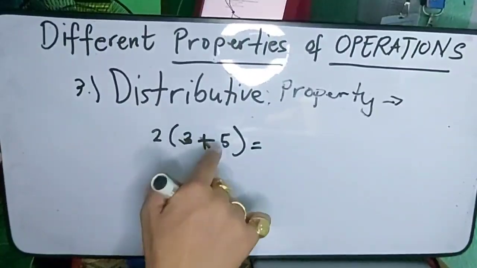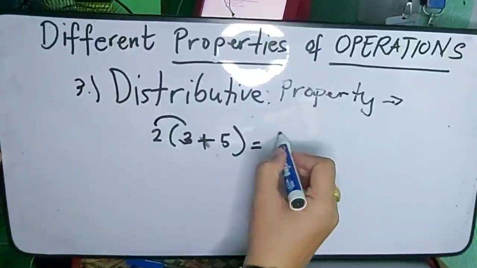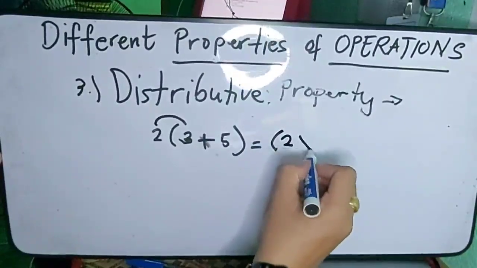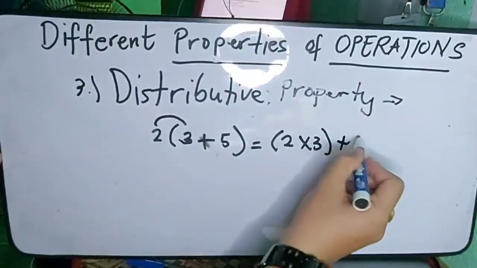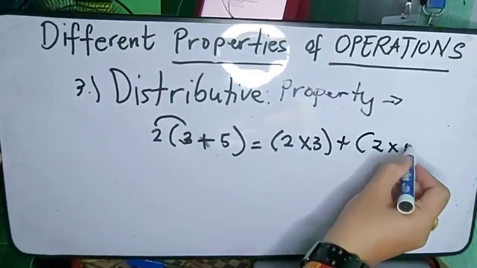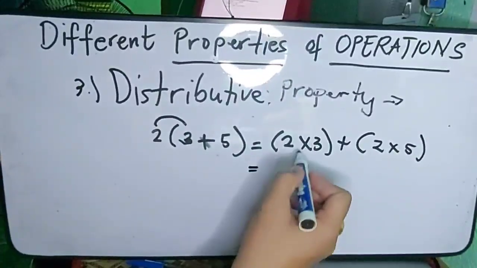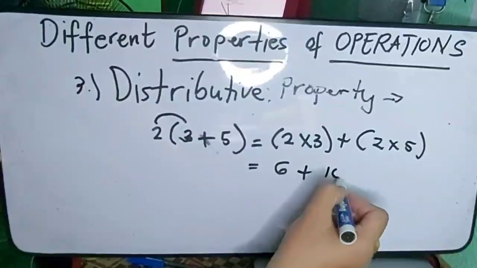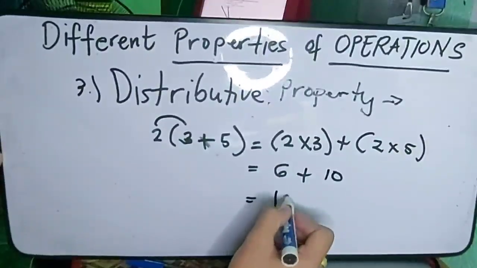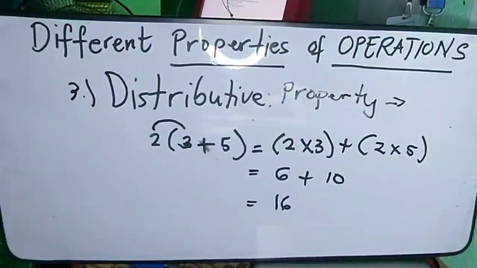Distribute: 2 times 3, operation is addition, so plus 2 times 5. 2 times 3 is 6, plus 2 times 5 is 10. So what is the answer? 16. Did you get it? Very good.